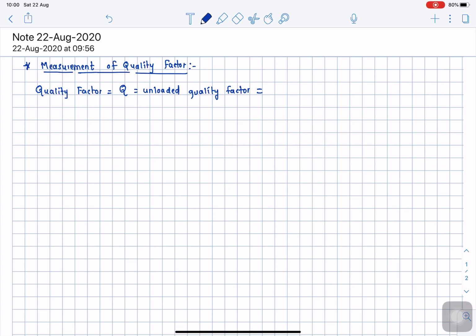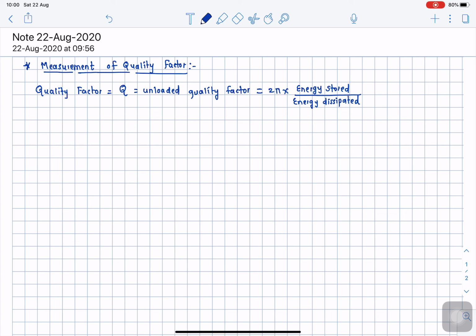In general it is given as 2 pi multiplied by energy stored, divided by energy dissipated per unit cycle. So this is a simple equation to calculate the quality factor of a given circuit or a given device, right?